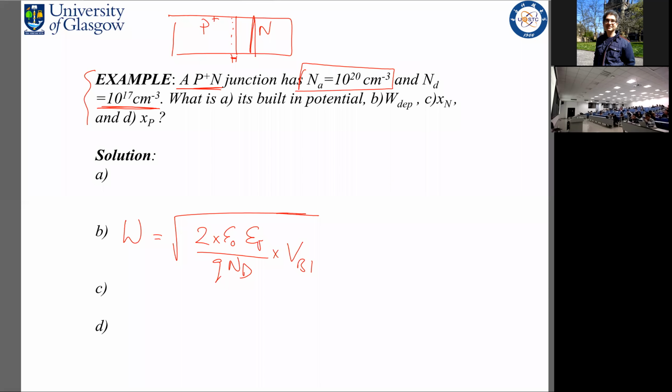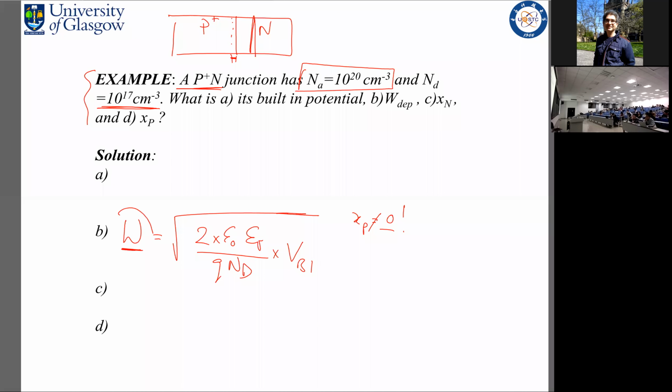Now, this does not mean that we ignore the width of the depletion region on the P side. Absolutely not. We do not assume that it is 0. We don't say that xp equals 0. No, never. xp is just very small.